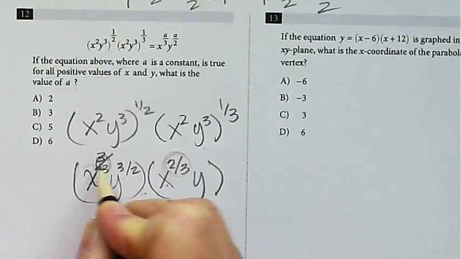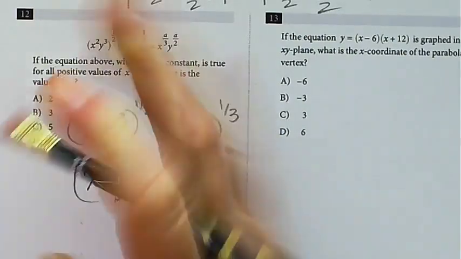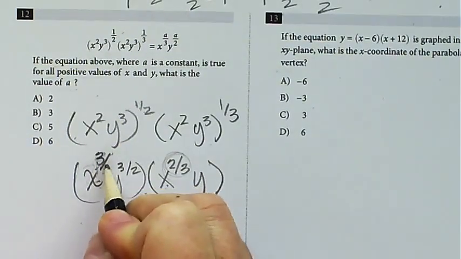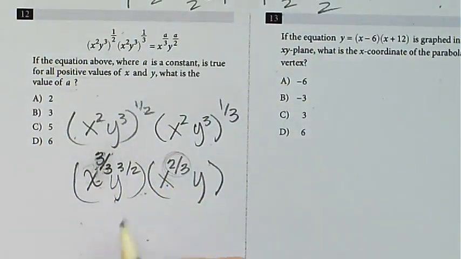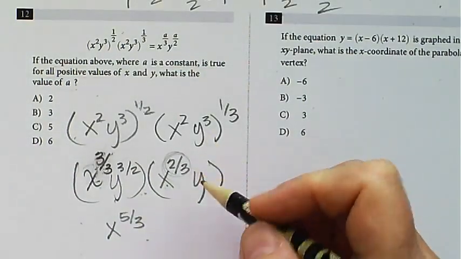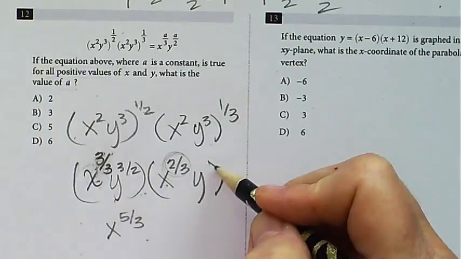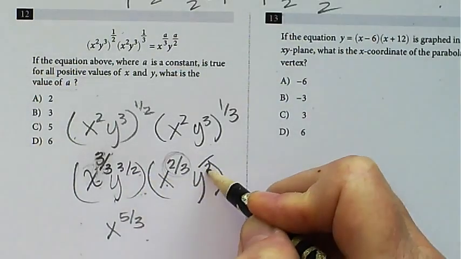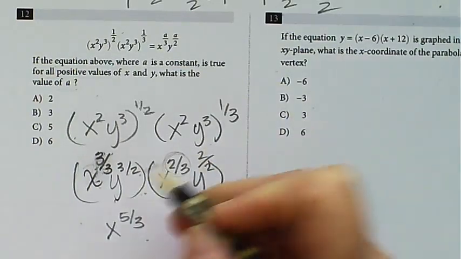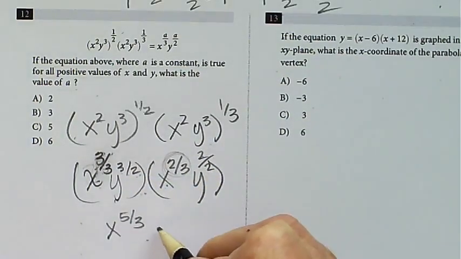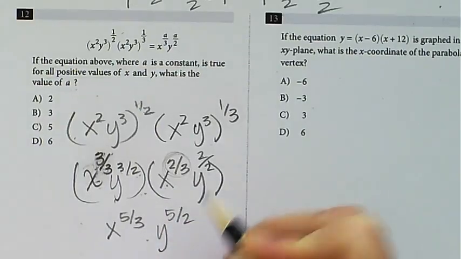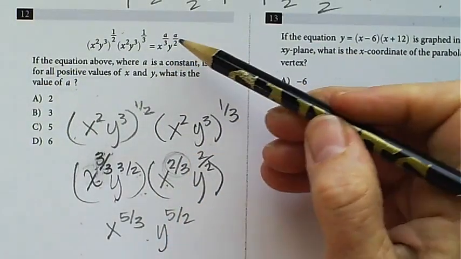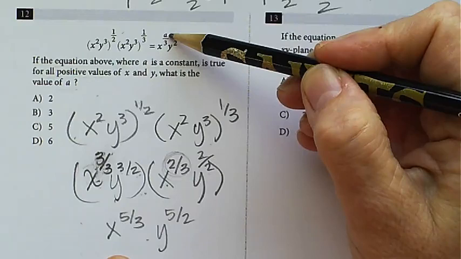So 1 is the same as 3 over 3. 3 over 3 plus 2 over 3 is 5 over 3. Okay, same thing here. I'm going to add 3 over 2 and 1. 1 is the same with a denominator of 2 as 2 over 2. 3 over 2 plus 2 over 2 is 5 over 2. So it's asking what A is. A must be 5.